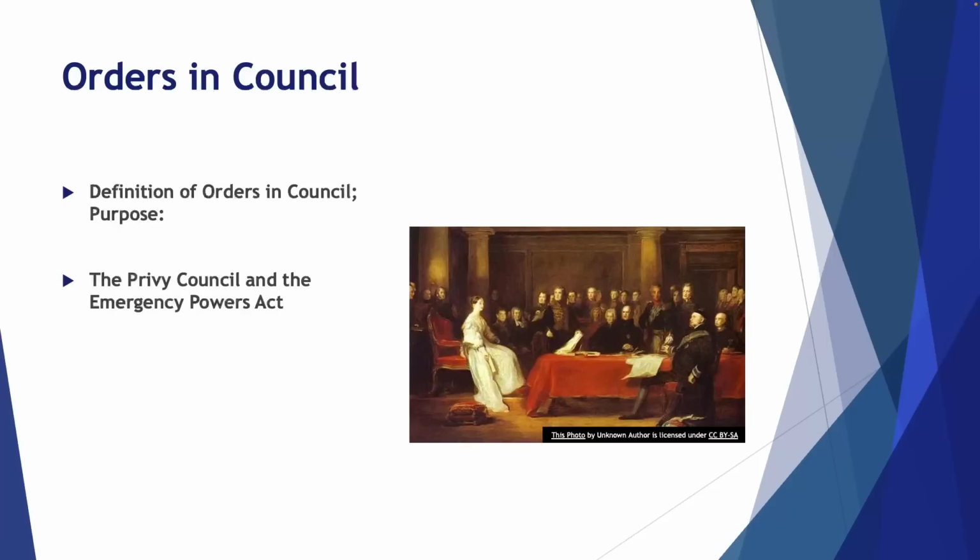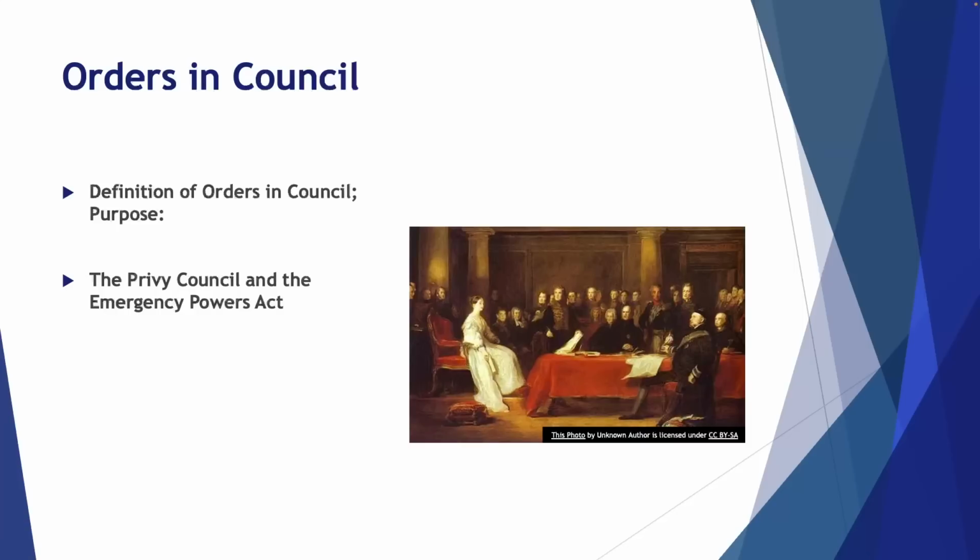So the purpose of orders in council is that they can be used to make broad changes to the law or to deal with matters that affect the UK as a whole, such as administrative changes or just the exercising of royal prerogative power.